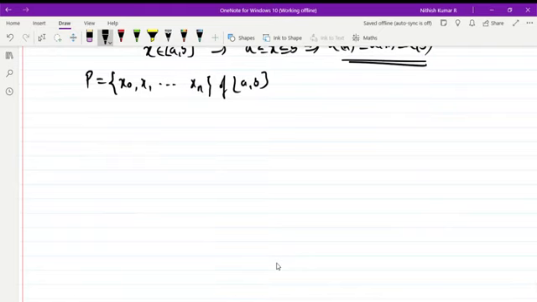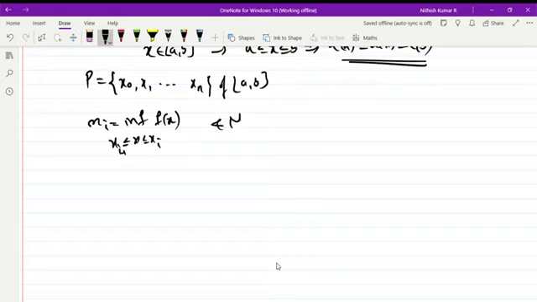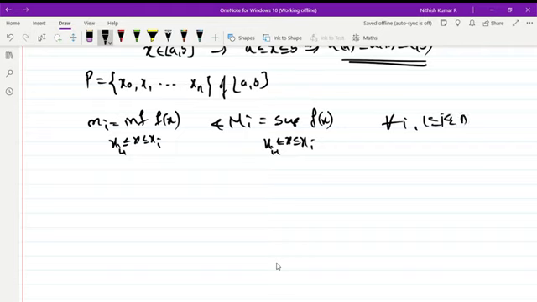Again consider your small mi. Small mi is nothing but the infimum of f of x, and capital Mi is nothing but the supremum of f of x, where x lies between xi minus 1 and xi. You have to calculate this for all i between 1 and n.